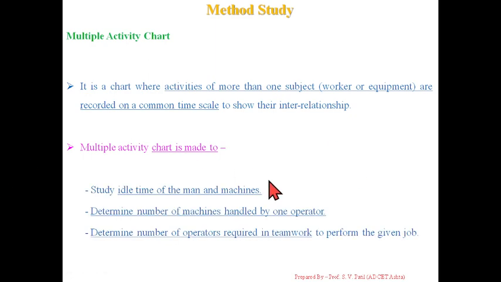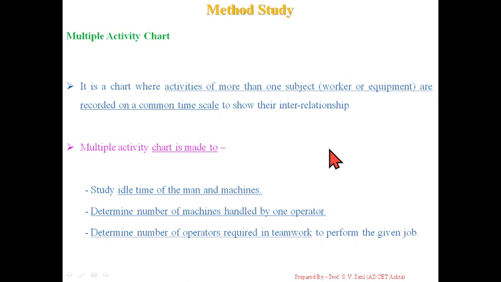The multiple activity chart is made to study the idle time of man and machines. Idle time is a duration for which the operator is not performing any task, he is in a waiting condition, and for a machine it is a non-operational time, the duration for which that machine is in a non-working condition.